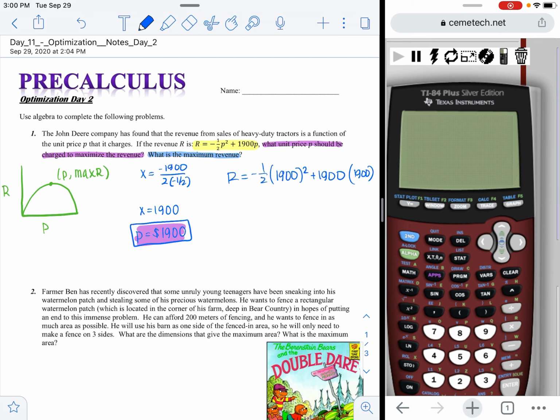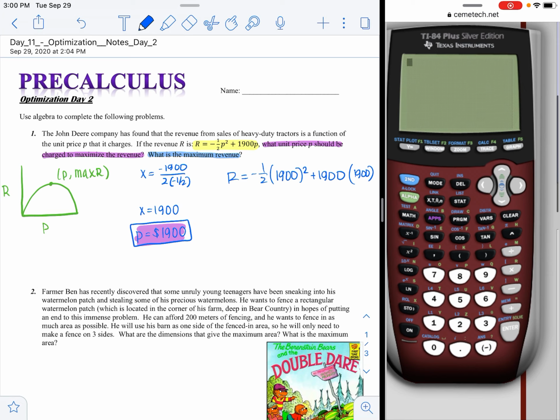I'm going to use a calculator for this because no thank you to mental math here. I'm going to do 0.5 instead of 1/2 because it's the same thing. Negative 0.5 times 1900, close the parentheses, square it, plus 1900 times 1900. Close it, enter.